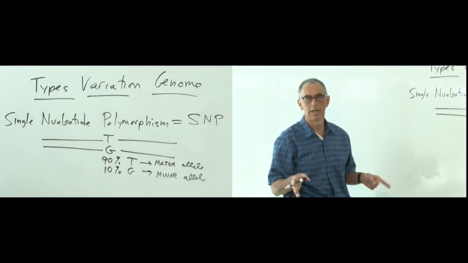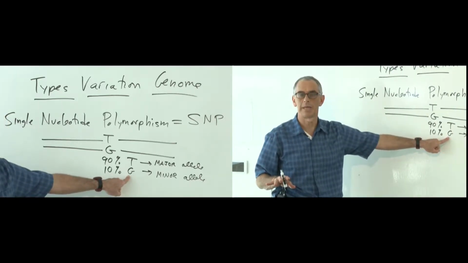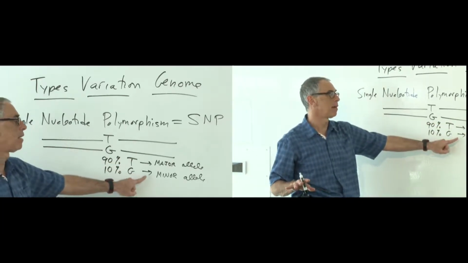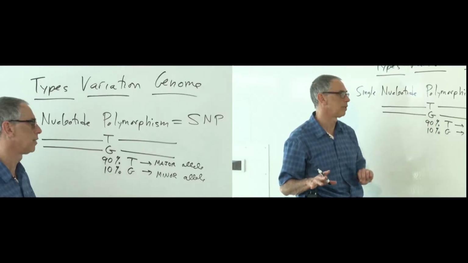It is possible that another population would have 80% G, and therefore G would be the major allele. So whenever you're talking about major and minor alleles, you must specify the population upon which these were measured.